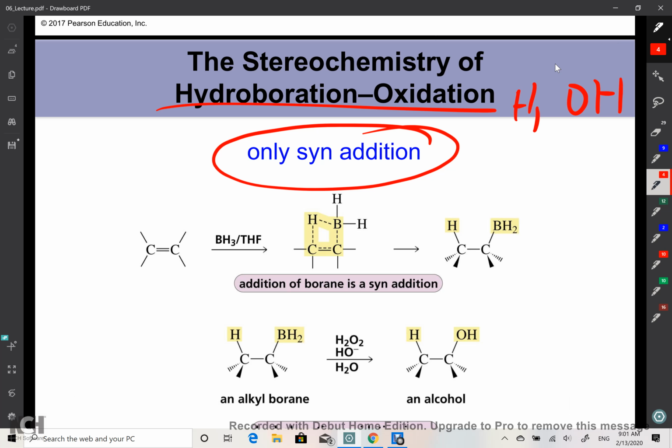And so if it is a syn addition, it means the OH and the H are both added to the same side of the bond. So they will either be both wedge or both dash. That's the meaning of being syn addition. And that's what we have here as our product.